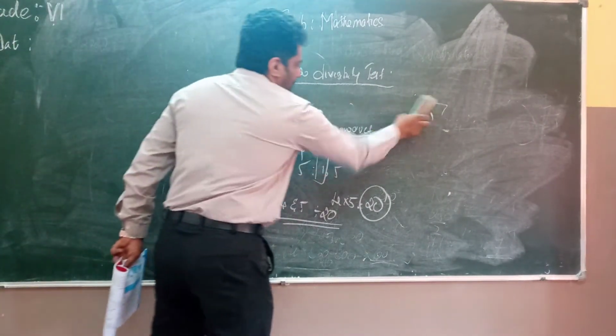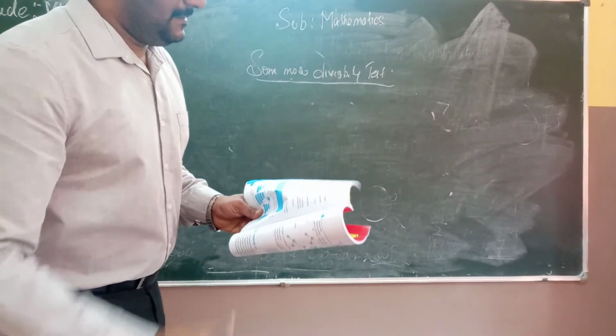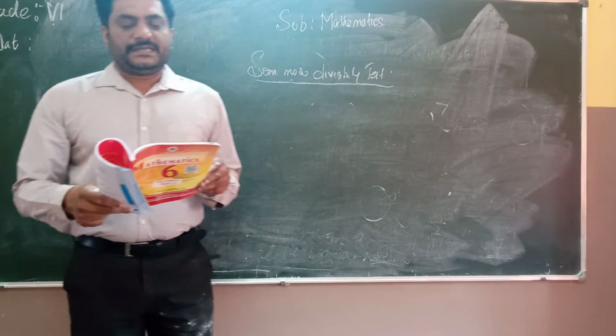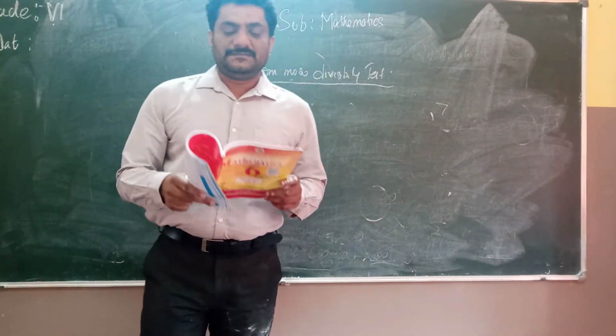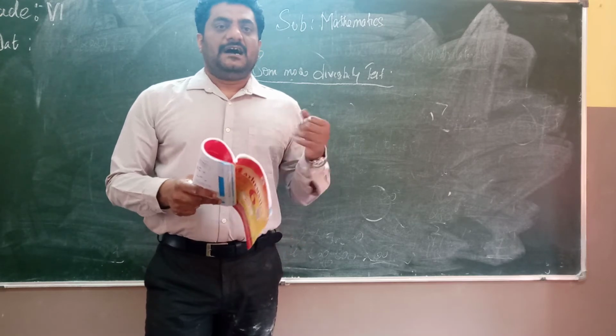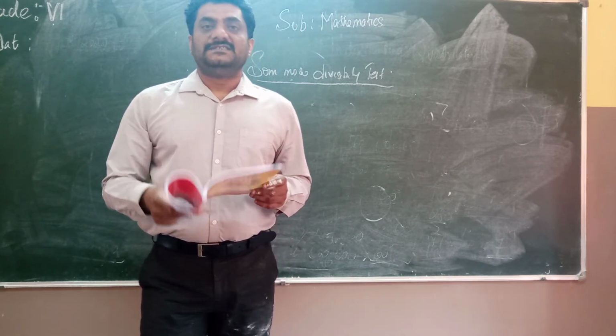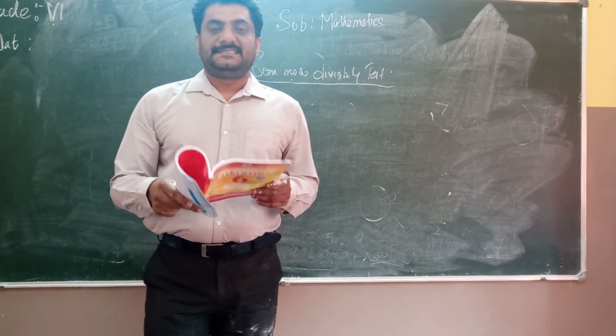Second one is, if two given numbers are divisible by a number, then their sum is also divisible by the same number.